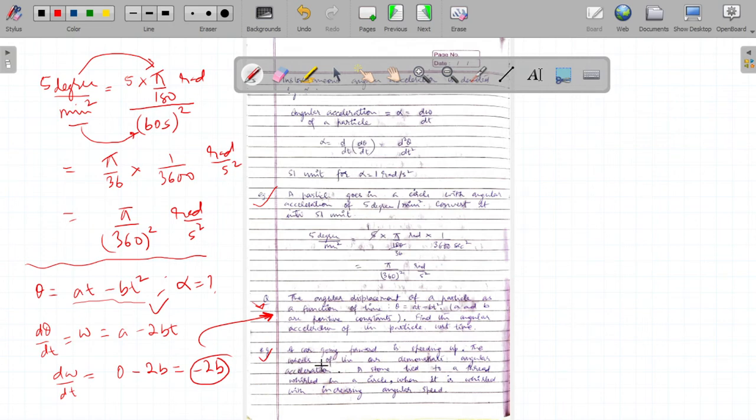A car going forward is speeding up. The wheels of the car demonstrate angular acceleration. A stone tied to a thread whirled in a circle with increasing angular speed also demonstrates angular acceleration.